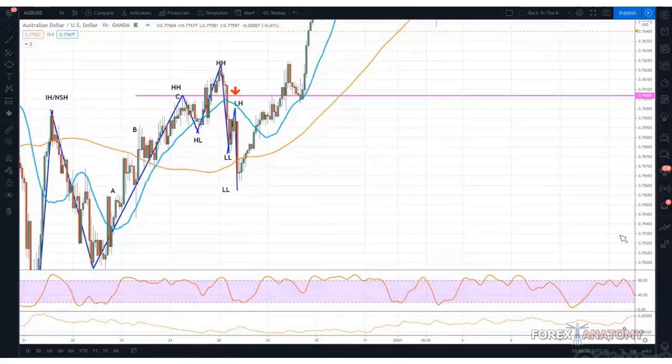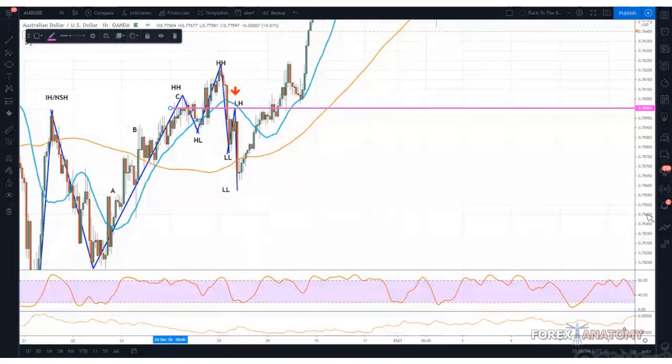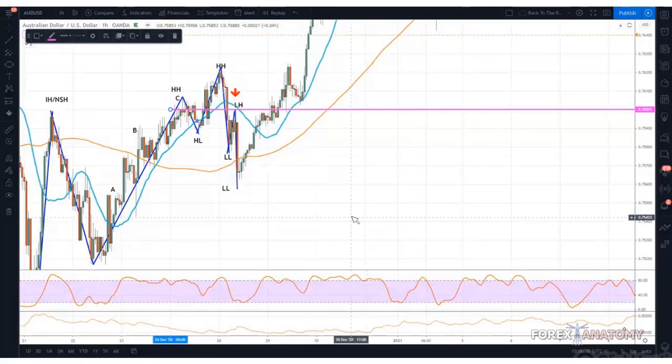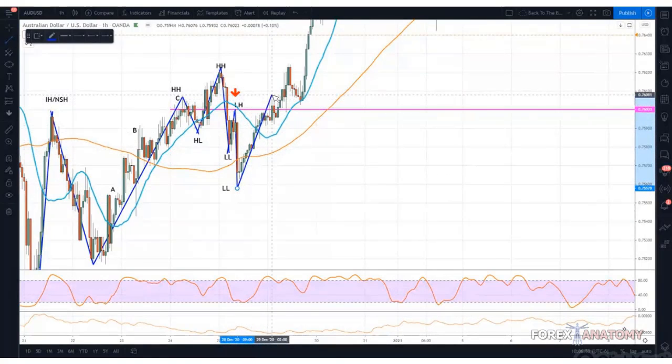We don't see a lower high, right? Price does what? It breaks this high, and it does what? It forms a higher high, right? It forms a higher high.